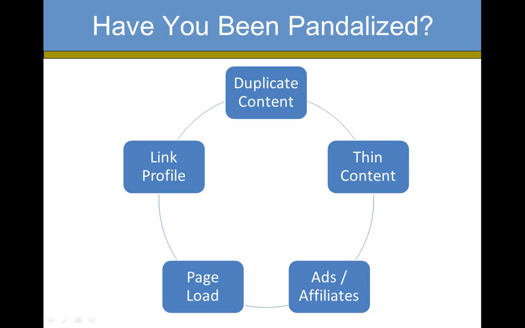The next is an ad-to-content ratio. So we'll be looking at advertisements, affiliate ads, and how that relates to the content and how you can be penalized for a bad ratio and what that means. Next is a link profile devaluation, and we'll get into that. Slow loading sites or pages, and there are also many other things that can cause a poor user experience.